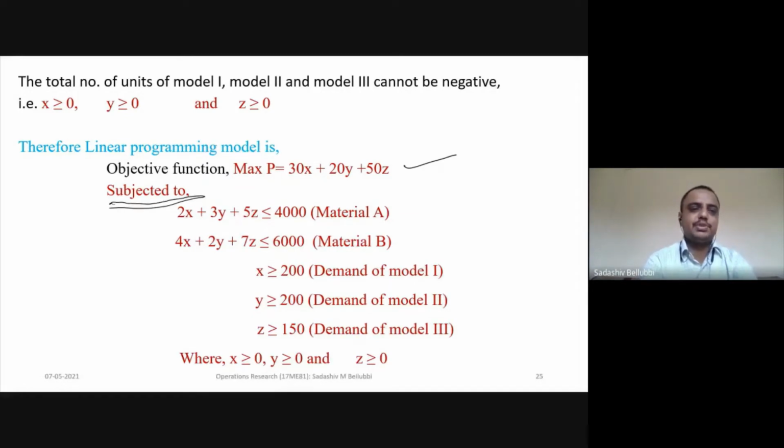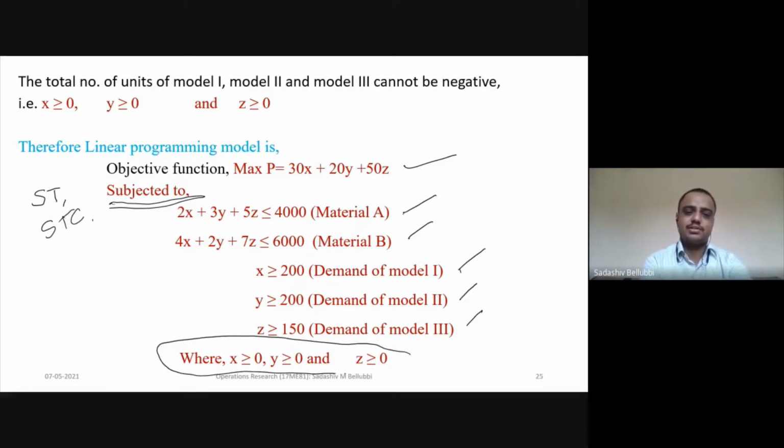In some textbooks, they will give only st also. St means subject to, or else you can write subject to the constraints, stc also. Or you can directly write in full, subject to the following constraints, that is for material A, for material B, and the demand of model 1, demand of model 2, demand of model 3.